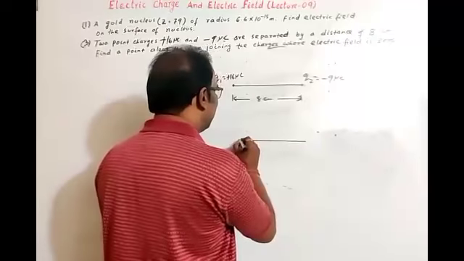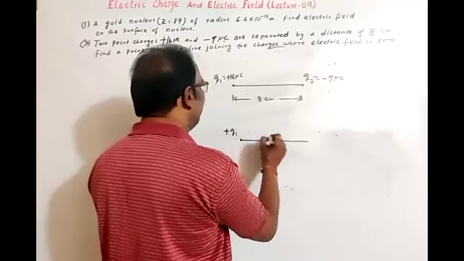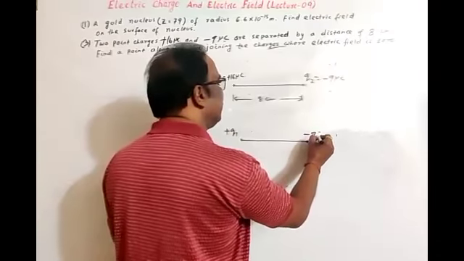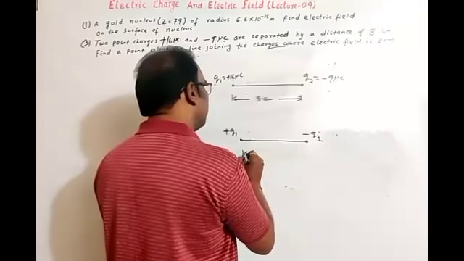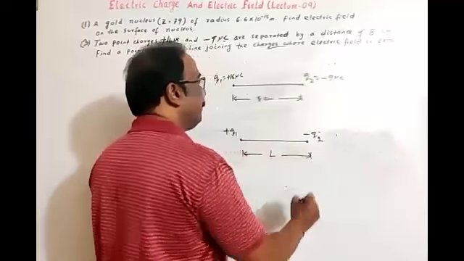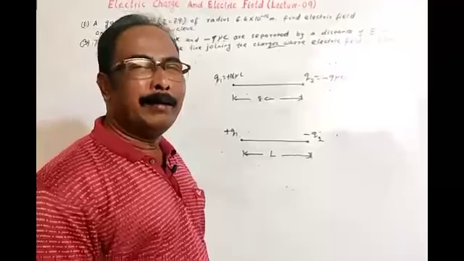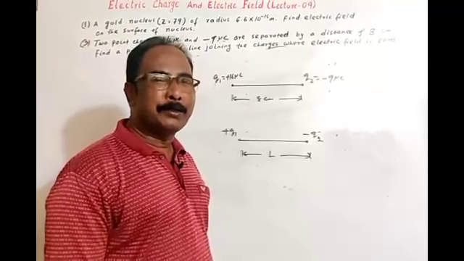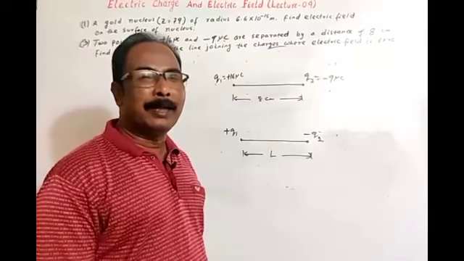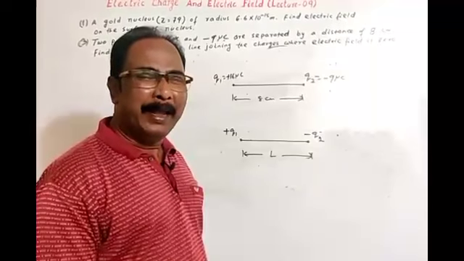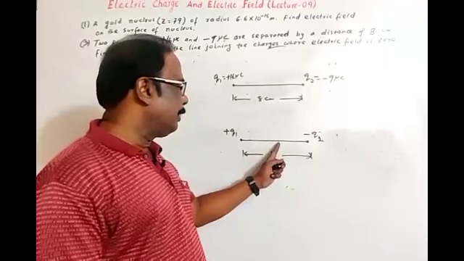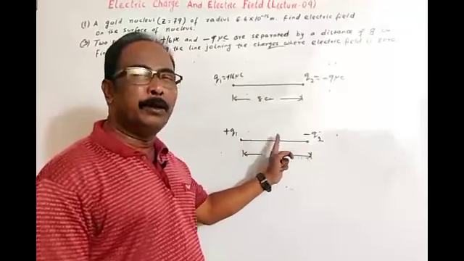Suppose this charge is positive, plus q1, this charge is negative, minus q2, and the distance between them is L. We have to find a point along the line joining the two point charges where the resultant electric field intensity is 0. Can we take a point in between the two charges?